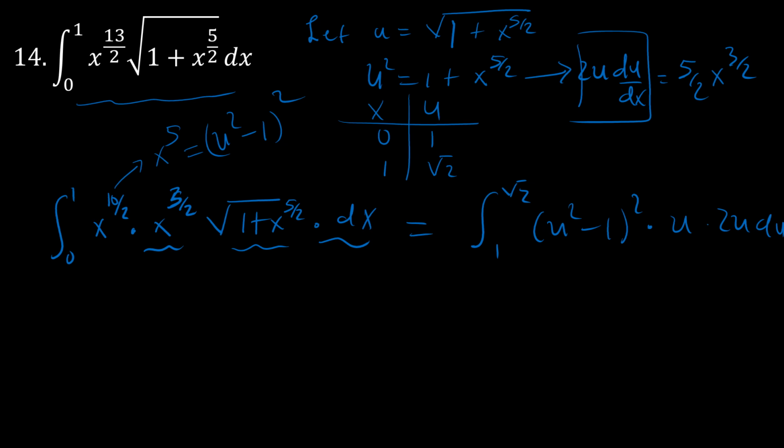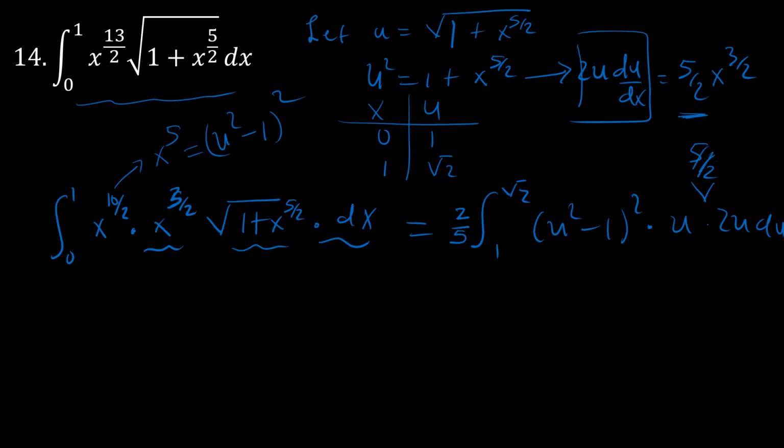And because there's this 5 over 2 here, we can say there is a constant 2 over 5, so that even if you have a constant here of 5 over 2, this cancels out.